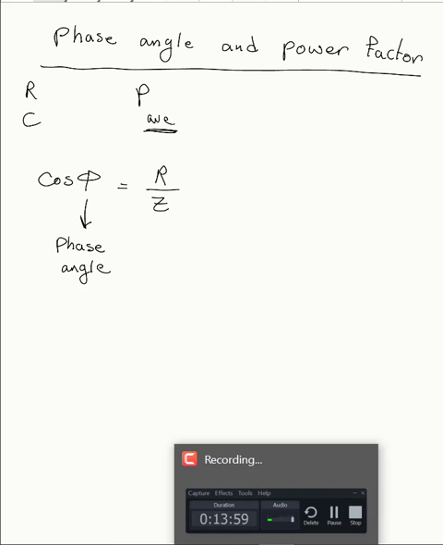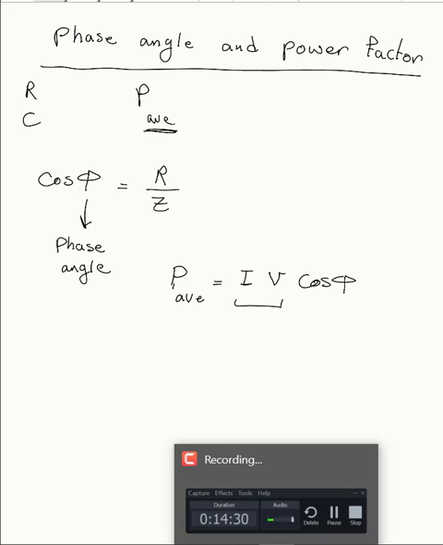Okay, now with this definition I can find the average power that is consumed by a circuit to be I V cosine phi. The I V part is what we had before in previous chapters.